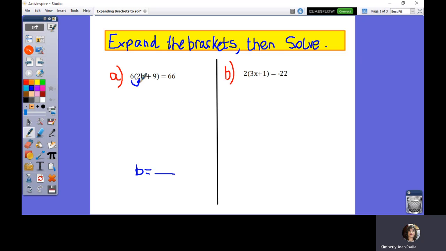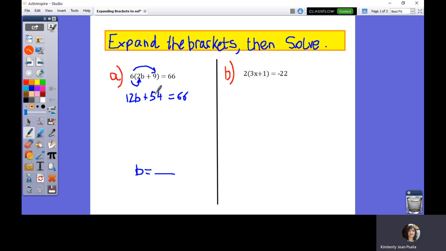Right, so we have 6 multiplied by 2b gives 12b, and then we have 6 multiplied by a positive 9. That gives us positive 54, which is equal to 66.